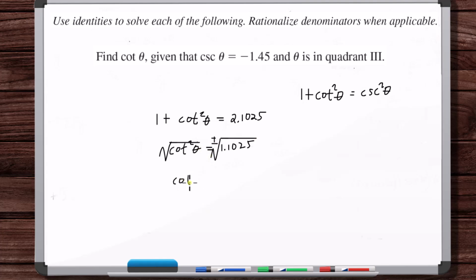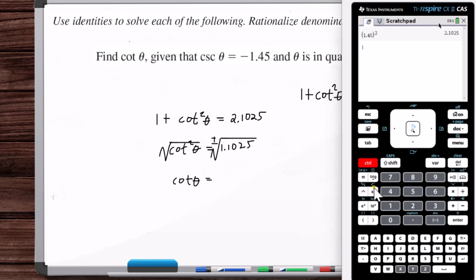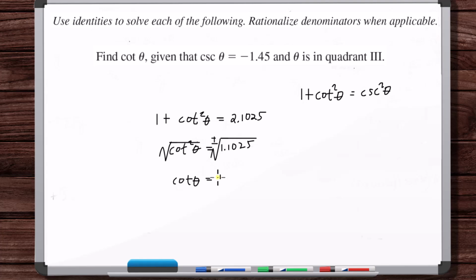So cotangent theta is equal to plus or minus 1.05. But which one? In quadrant 3, x and y are negative, so cotangent is going to be positive. And that's what we're looking for.